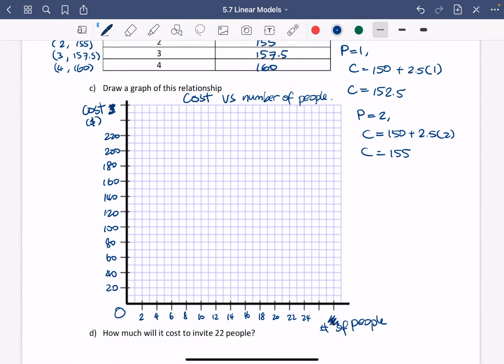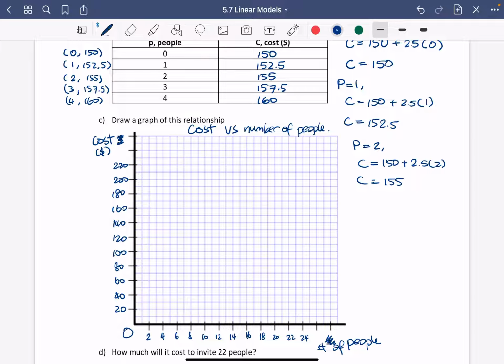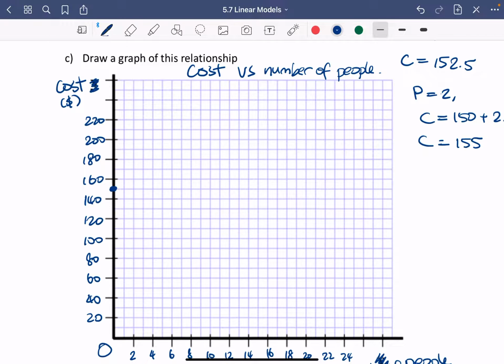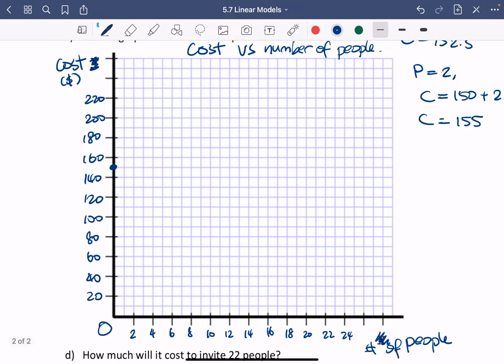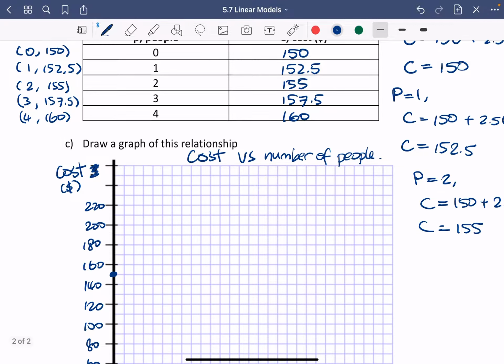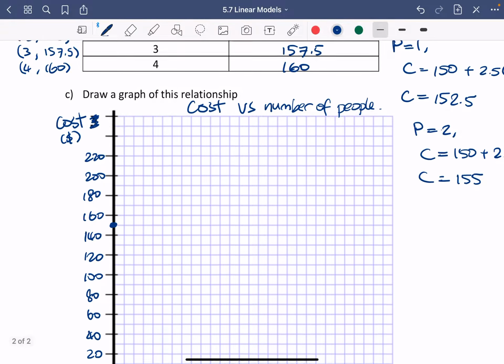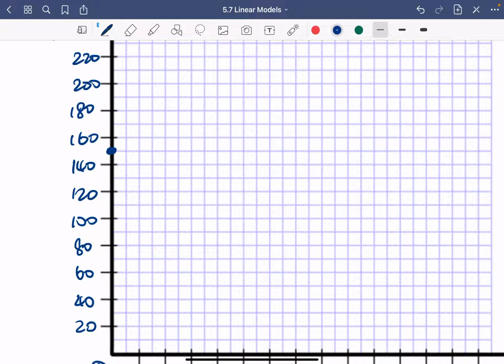Okay, so let's graph them. My first ordered pair is 0, 150. 0, 150 is right here. 1, 152.5. That's a bit hard to draw. It's about here.